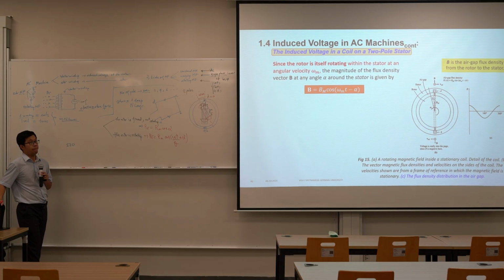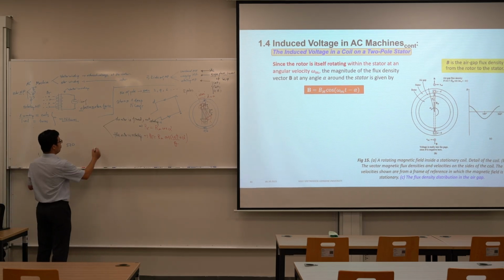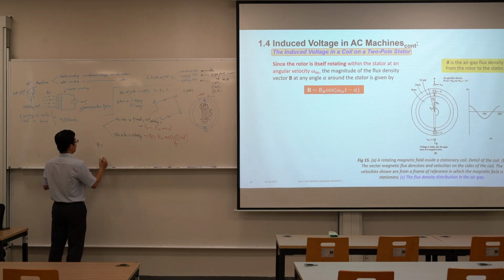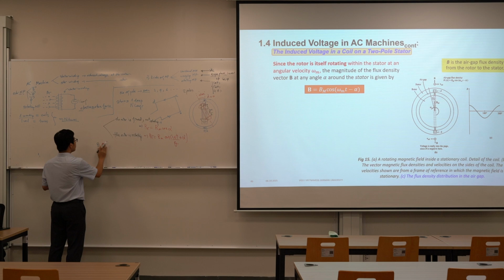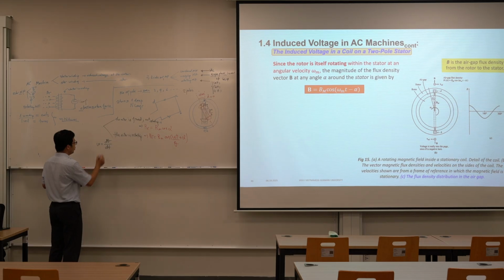If we go back to the physics theory, we have omega as the derivative of theta with respect to time.